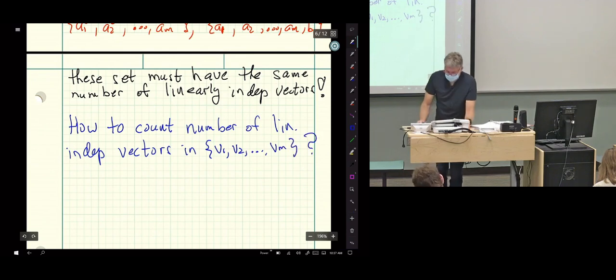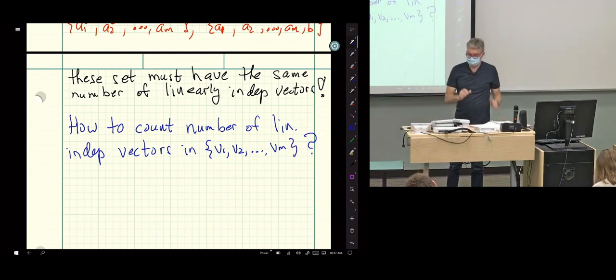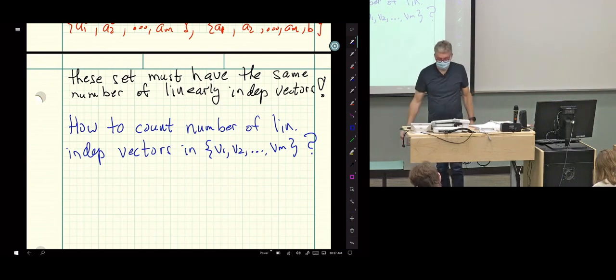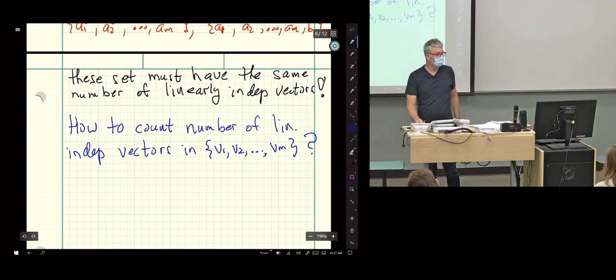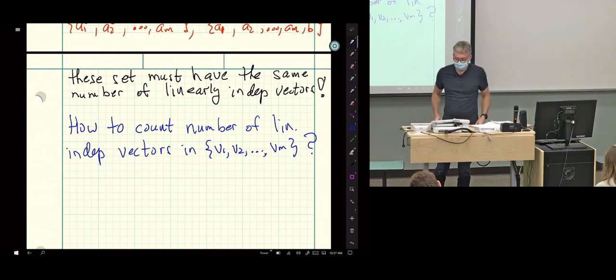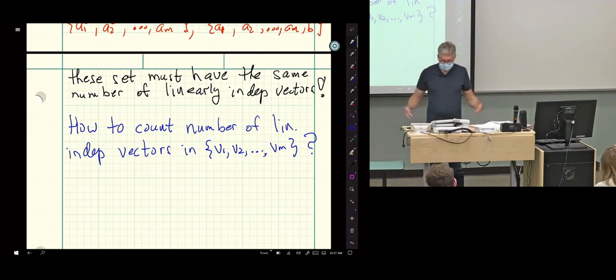And then if we can do that, we'll apply it to the columns of A and then the columns of A plus B, and just check the number. That'll tell us if there's a solution or not. So that'll be cool, just being able to count the number of linearly independent vectors.